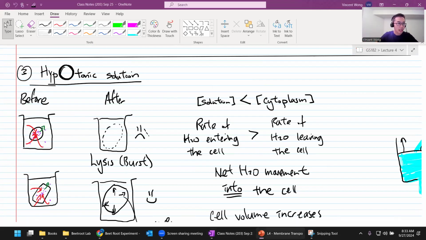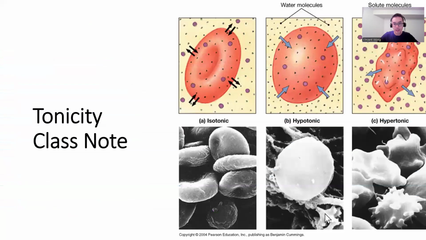In the PowerPoint slide, you can see the three different scenarios illustrated by the red cell. On the left, it's an isotonic environment, so they are in their normal shape. In a hypotonic environment, they swell up. You can't really tell whether this has burst or not yet, but if this condition is sustained for some time, it might eventually burst and cause the red cells to die.